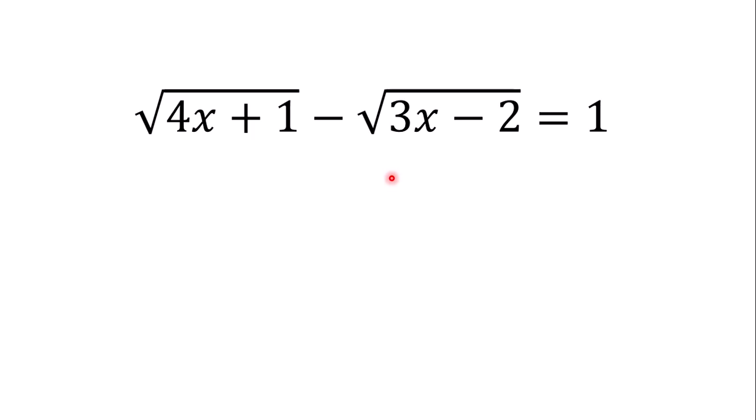In this video, we are going to make one of these the subject, either sending this one to this side or bringing this one to this side, before we square both sides. That is the approach we are going to use. Now that we know our approach, let's start solving the question.